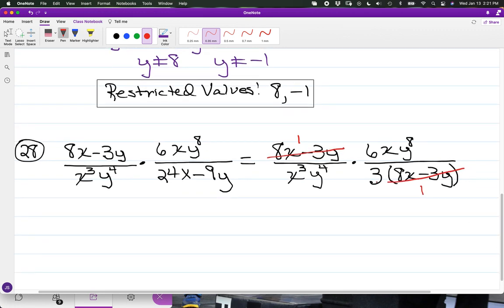And if you notice, you have 6 over 3, and I can technically reduce, but I will just do this in the next step. So you have 6x y to the eighth left over at the top, and combining the denominators, we have 3x cubed y to the fourth.